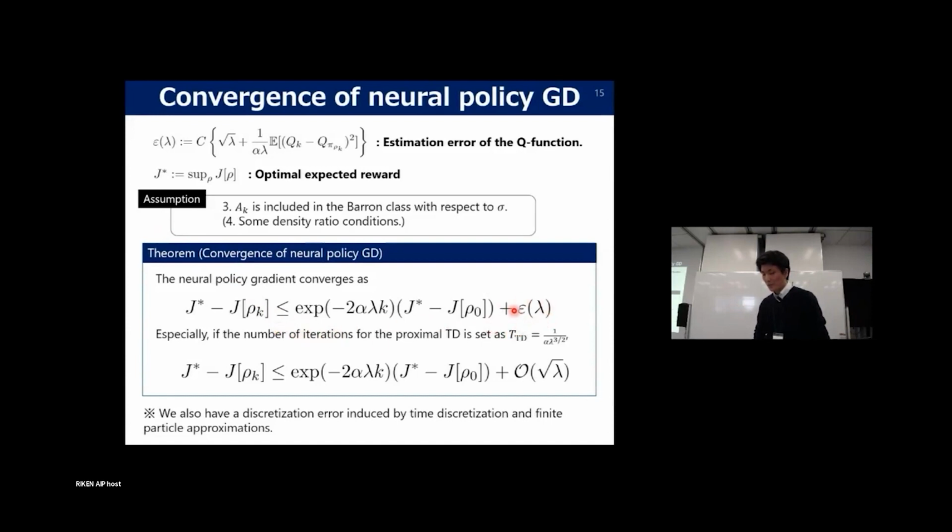Here epsilon lambda is induced by the errors of Q function estimation. The first term comes from the outer iteration of the policy gradient. But anyway, we have a good convergence. If you set lambda sufficiently small, then you can have a good approximation of the optimal policies.